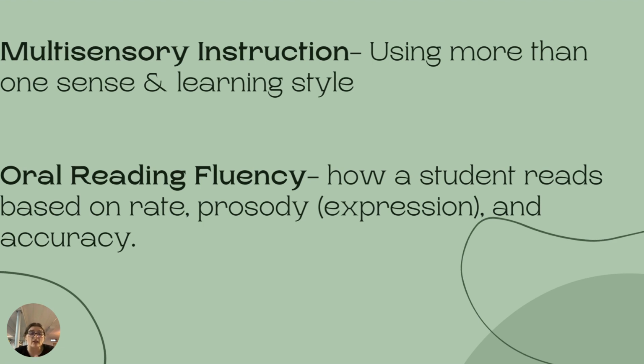As well as different learning styles. That could be kinesthetic and tactile, visual, or auditory. Using all of these things to help create a sense of learning and bringing it together with oral reading fluency is going to make so much more growth for a student.